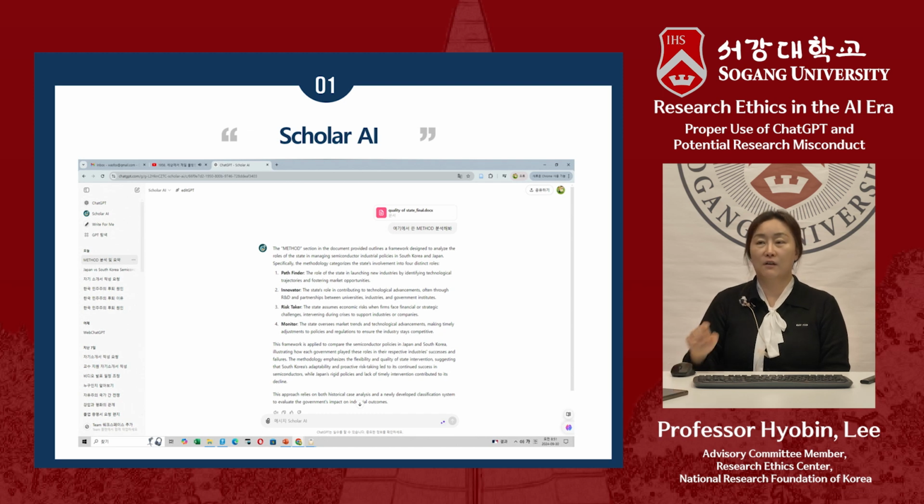Scala GPT is a little bit different from the previous ones because of where it accesses. This is important. Scala AI actually accesses published papers and books, but this one accesses Google Scholar, PubMed, JSTOR, like that.